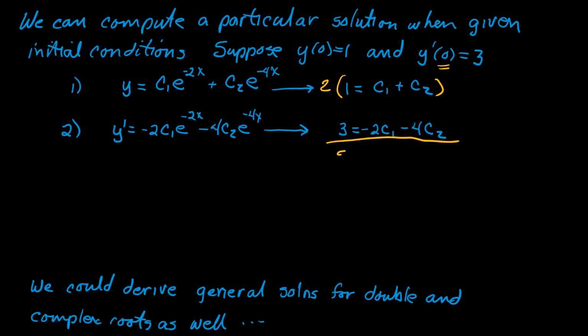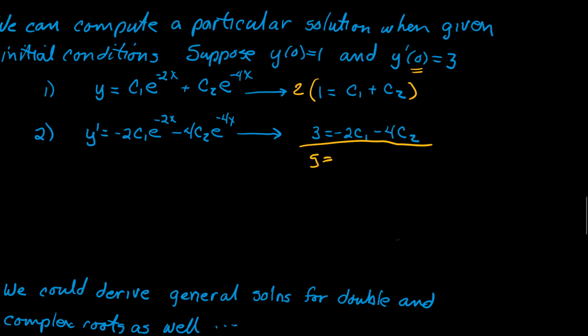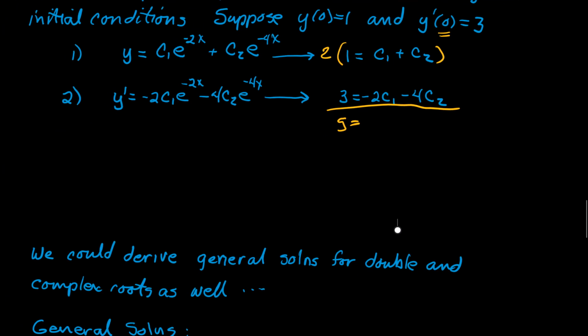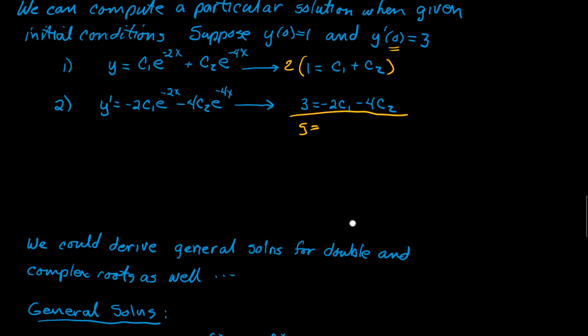So I'm going to get 5 is equal to 2c1 minus 2c1 minus 2c1 cancels out. 2c2 minus 4, so this is going to give us a minus 2c2. So this allows us to then determine that c2 is equal to a negative 5 halves. From that, we can go ahead and solve for c1.